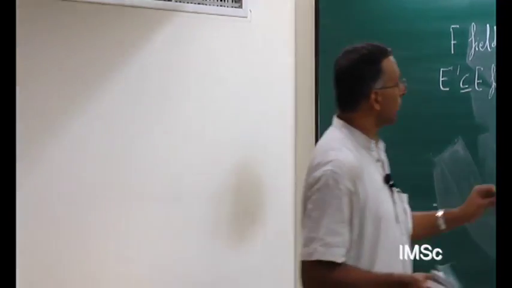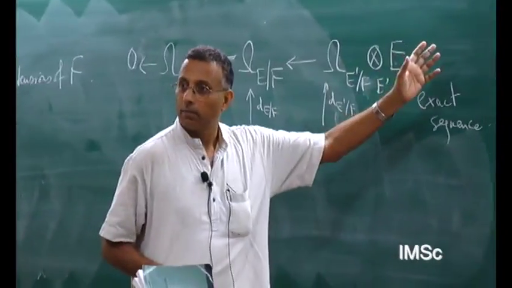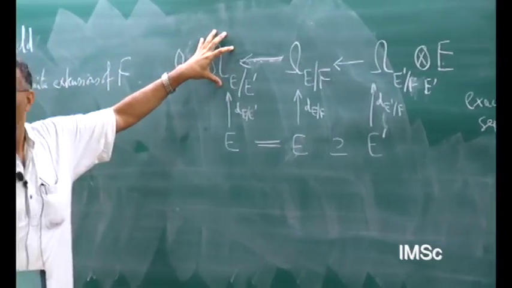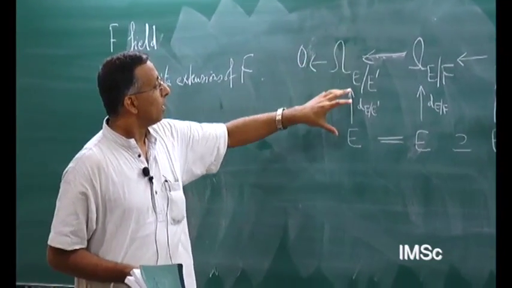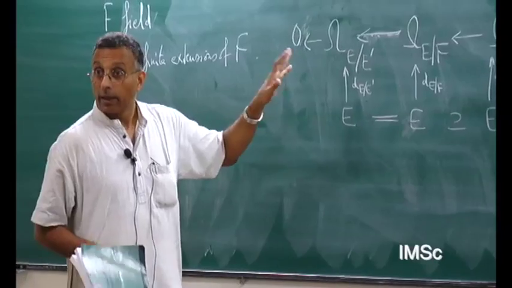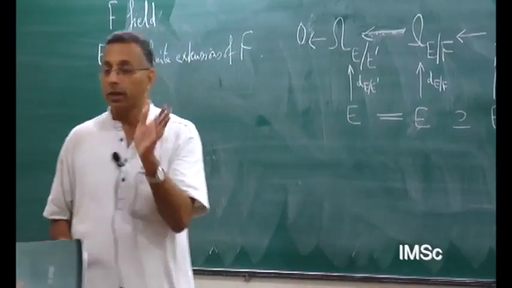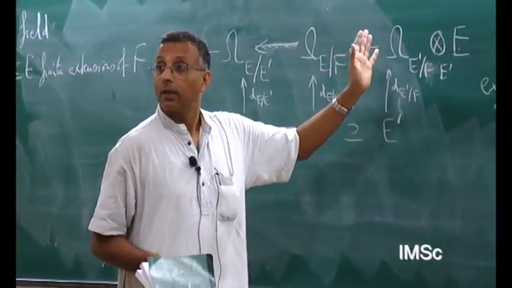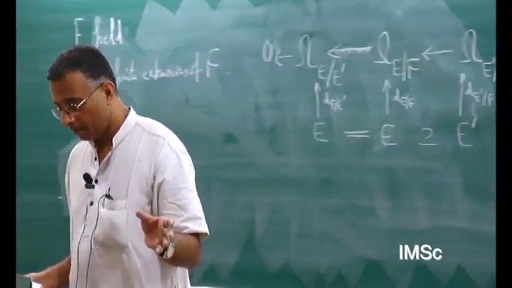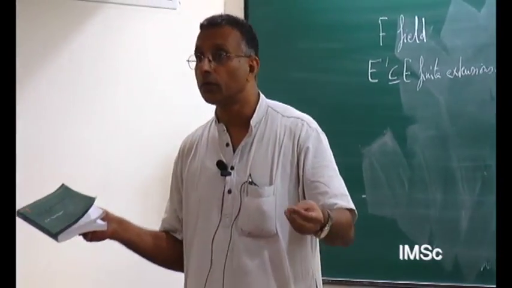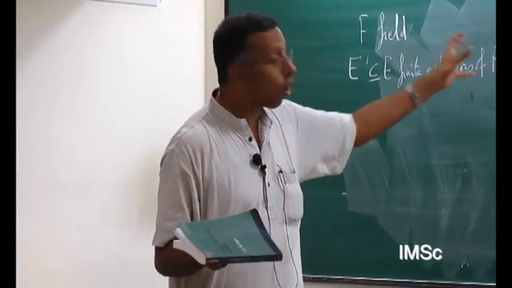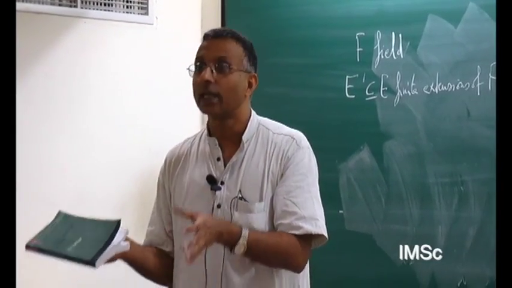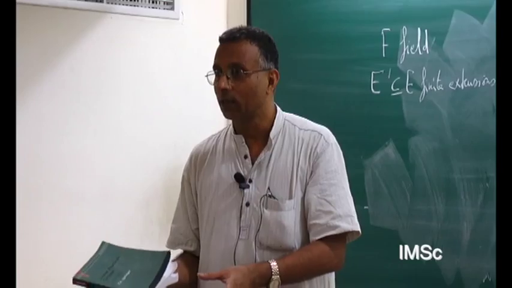Right? Now, when I hom it with, say, M, where M is an E vector space, this becomes derivations of E to M, with derivations of E prime, and so it becomes a sequence where those homed things are interpreted as derivations, and it's obvious that that is an exact sequence.